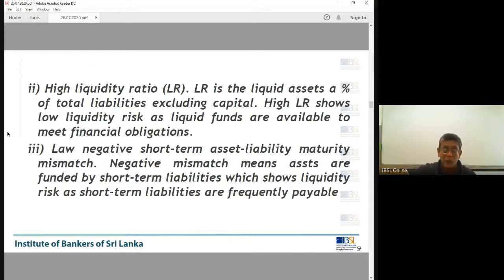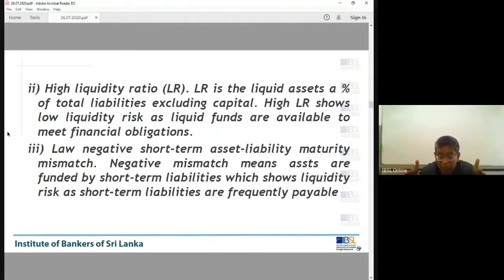Banks are giving loans to customers from whose money? The depositors' money. Usually deposits are short term. So we are taking short-term liabilities and giving loans that are short term and long term. There is a mismatch, always a mismatch.